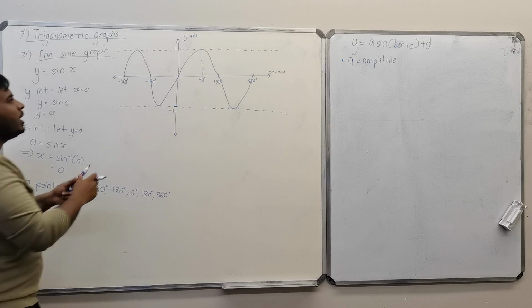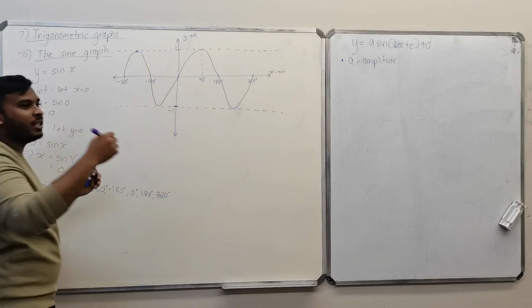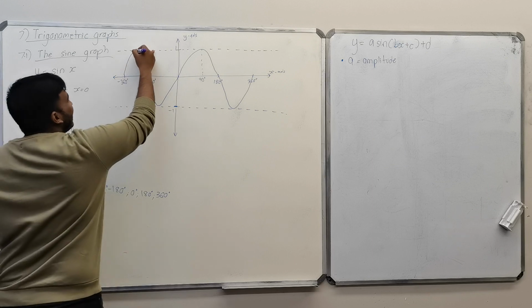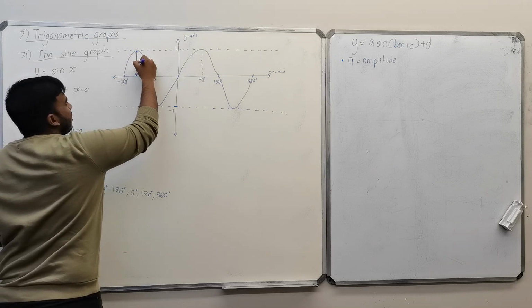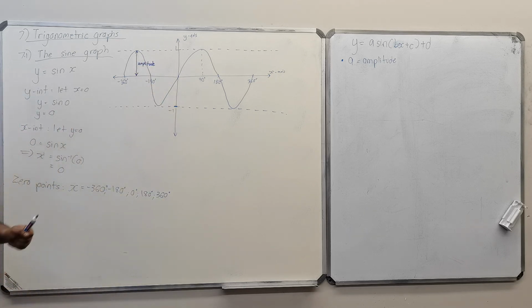So, the amplitude of this graph will be the amount that the function travels from its midpoint to above or below its midpoint, right? So, this here is your amplitude of the graph, right?